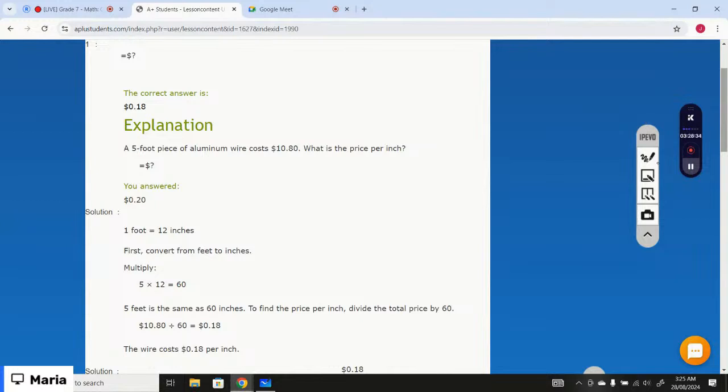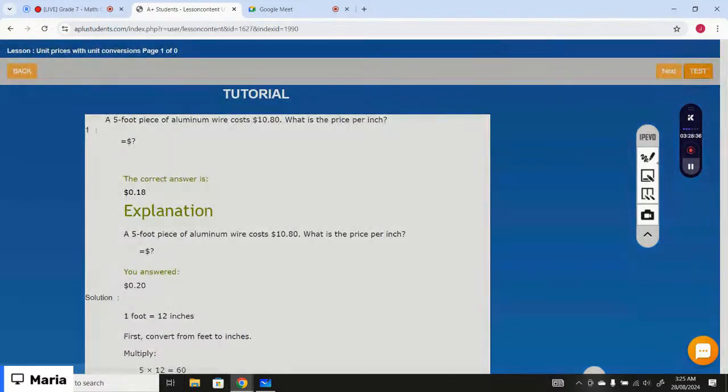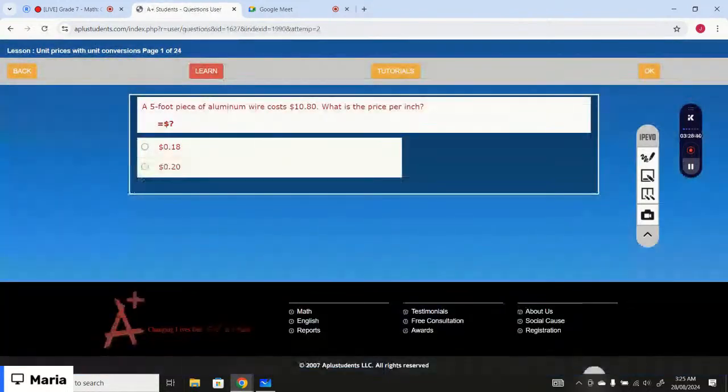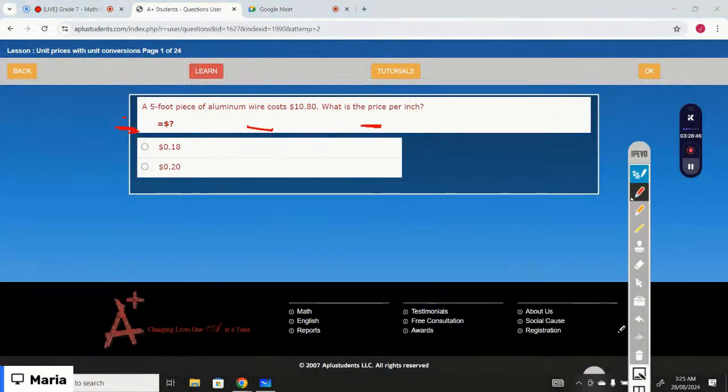Okay, let's just start with the test questions. You can have a look at the tutorial by yourself later today. They are already solved. Okay, so let me just start with the first question, and that is the same we just did, but let me explain. A 5 foot aluminium wire costs $10.80. What is the price per inch? See here the unit is inches and here the price is for 5 foot, right?